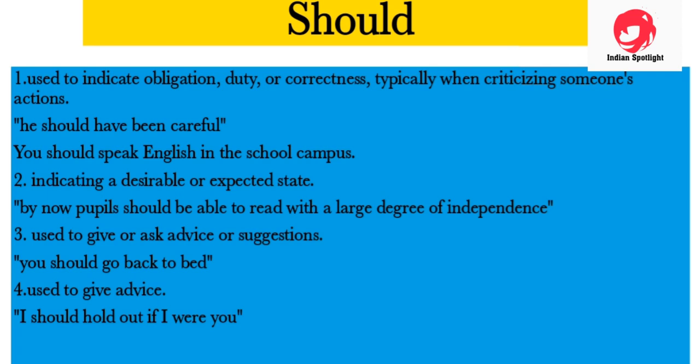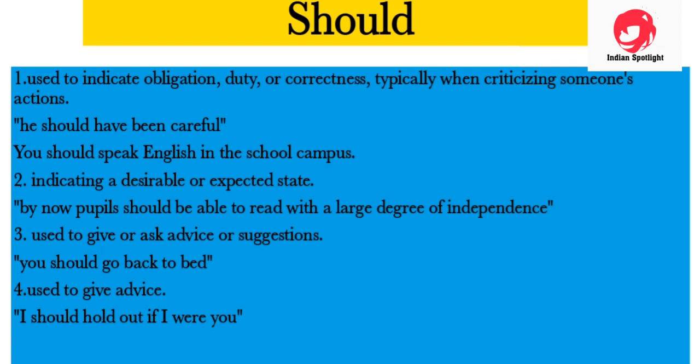It means the thing referred to in that sentence is expected and desired. Number three, used to give or ask advice or suggestions. If you are giving someone advice or suggestions, then you can also go for should. You should go back to bed.